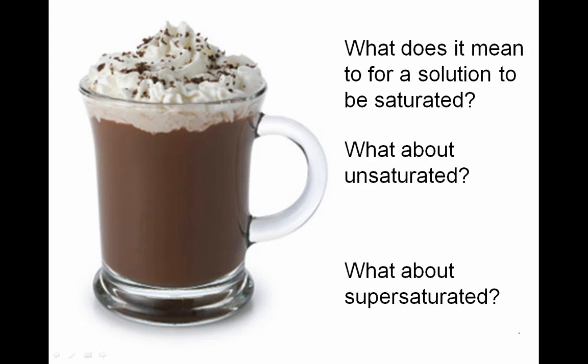If you simply stick a string or yarn into your pot of supersaturated sugar water, it's going to crystallize on your rope. That solution wants to turn into a saturated solution, so a lot of those crystals will precipitate out onto your rope, and you'll have a normal saturated solution once it gets down to room temperature.